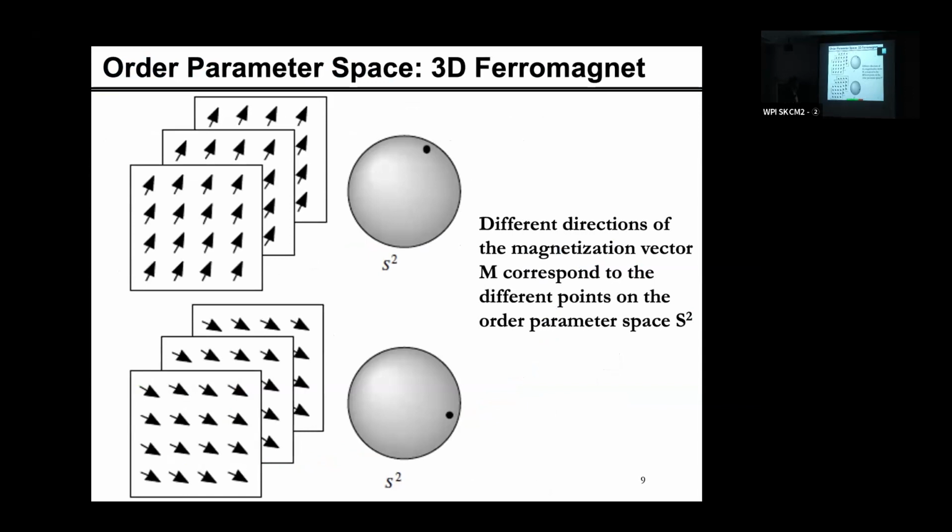So let's now look at some examples I have in here. Suppose your material looks like this, and everywhere the spins in this case point in the same direction. The whole three-dimensional space can be mapped to just one point, as we see, right?